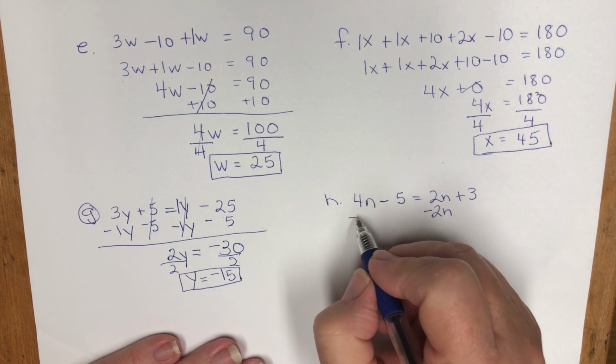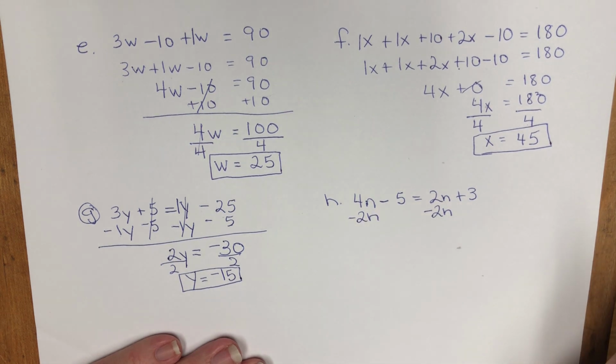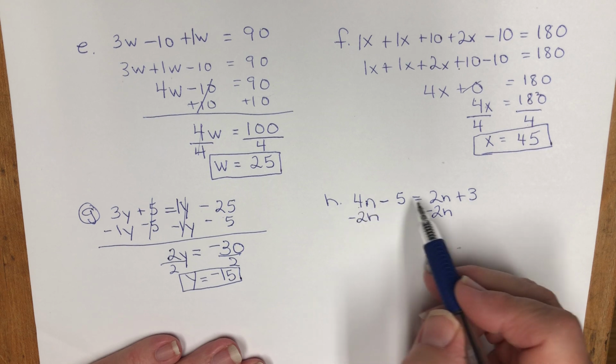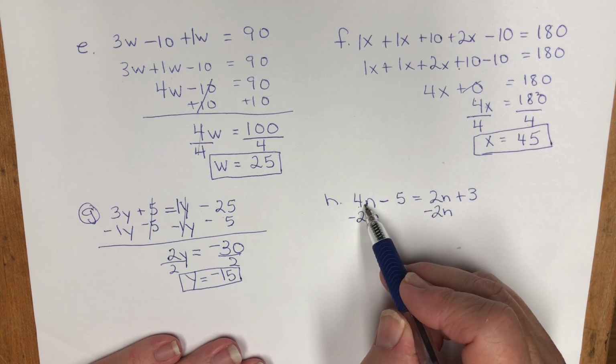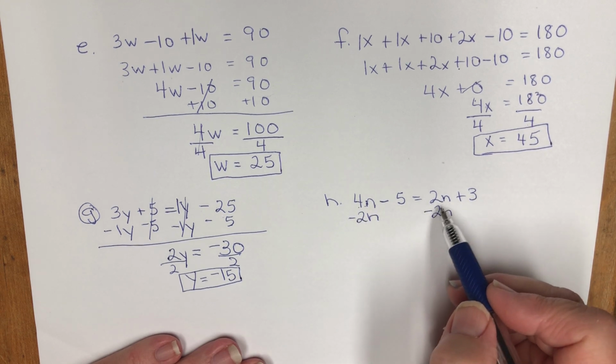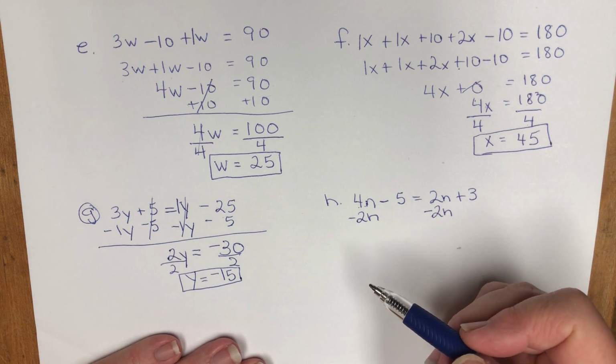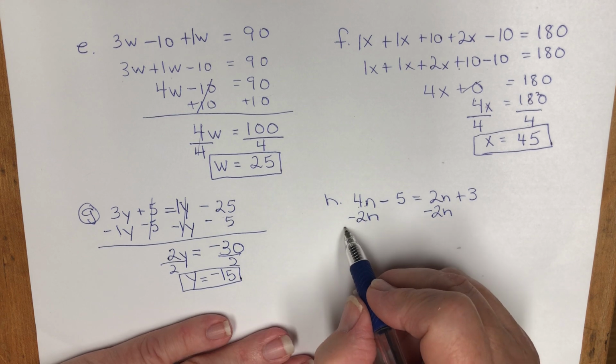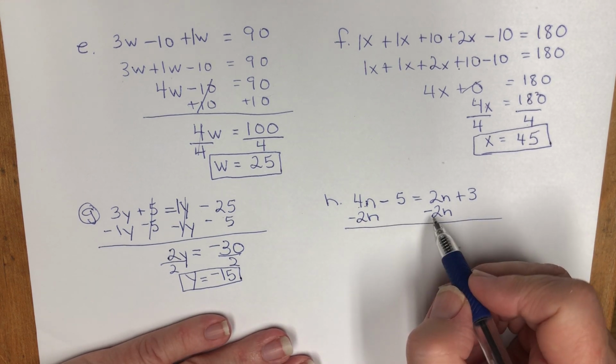Now you might be asking, well, how do you know which direction to go? What I do is I always look to see which one is the larger number. Here's a 4n, here's a 2n. If I go this direction, I won't end up with a negative n, and that's what I try not to end up with. All right, so we subtract 2n from both sides.